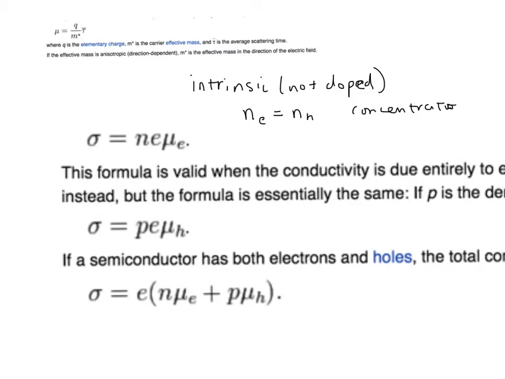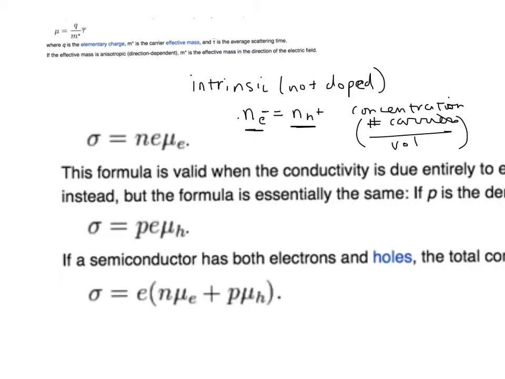This represents the number of carriers per volume. In an intrinsic semiconductor, this is something like 10 to the 11th electrons per centimeter cubed. And by definition, the number of electrons needs to equal the number of holes, because you create free electrons and free holes by breaking a covalent bond.